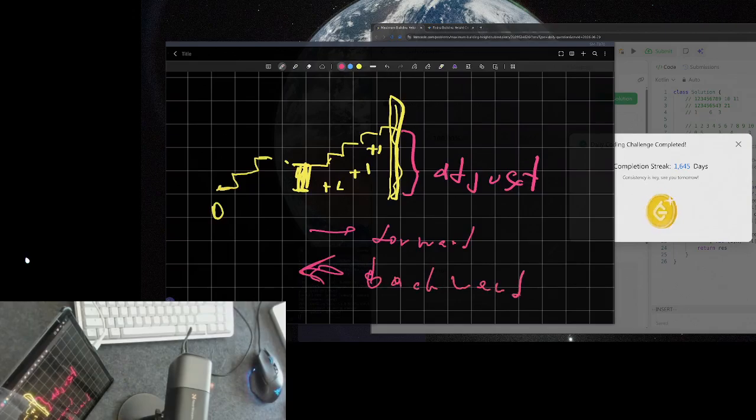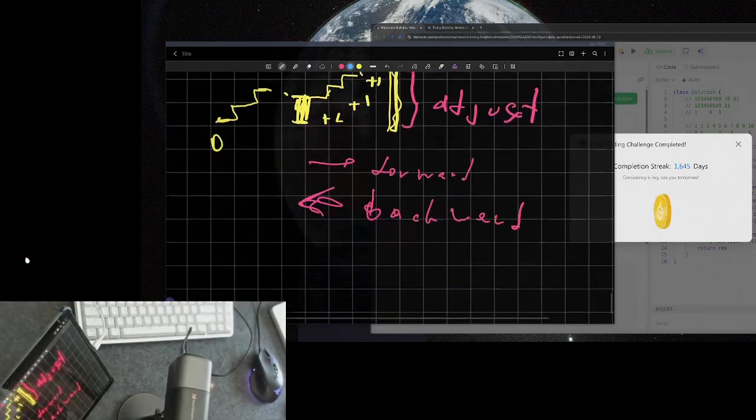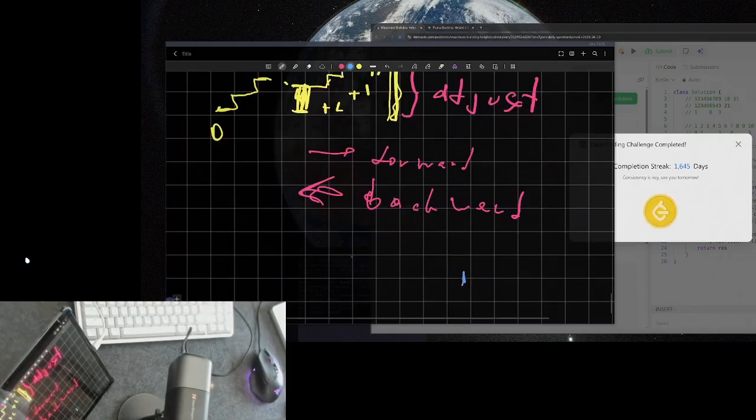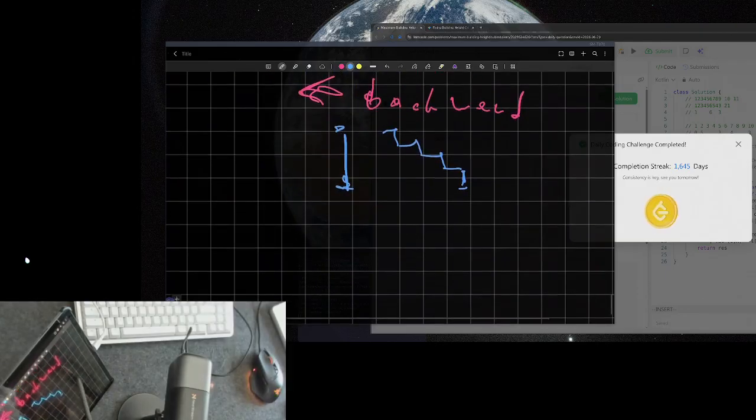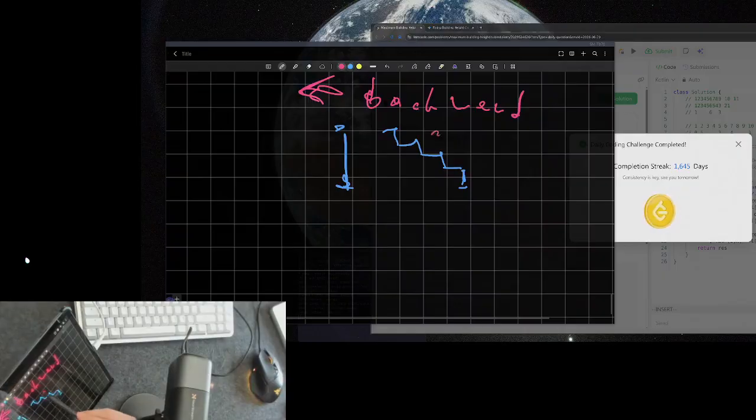So after we do this repetition, we adjust it once again, because we could have situations where the right is lower than the left, and we adjust this one to be lower. So after we have adjusted, we have actual intervals.